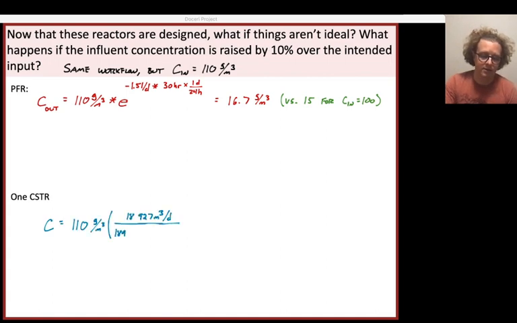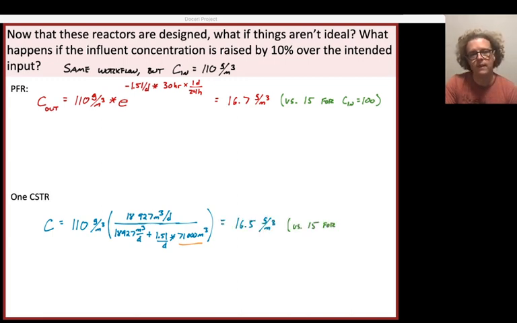Similarly, we can solve this problem for a single CSTR, and we're putting in the volume of that single CSTR of about 71,000 cubic meters. And what we find is the outflow is about 16.5. Again, that's in comparison to 15 for our design purposes. And n equals 3 and n equals 10 would exist somewhere in between those two end members.